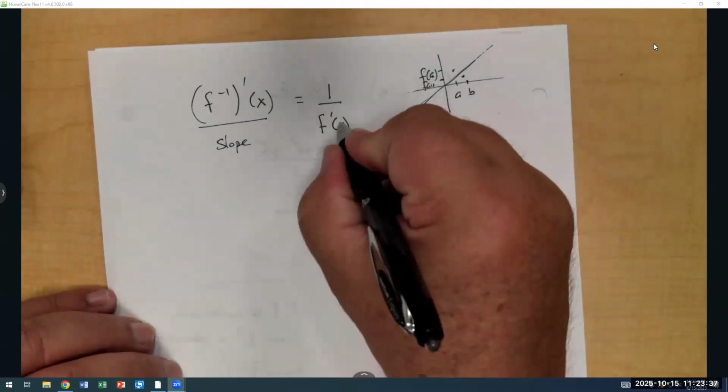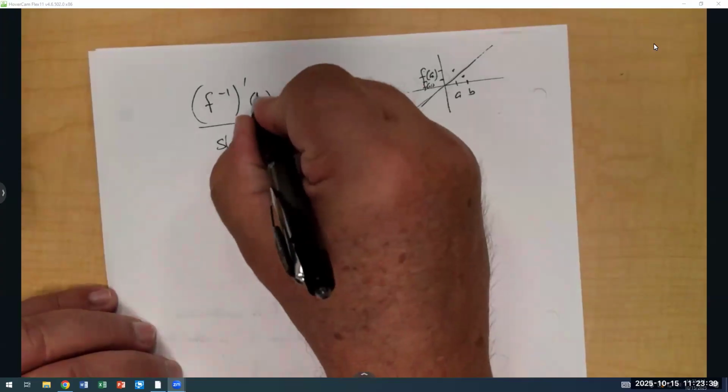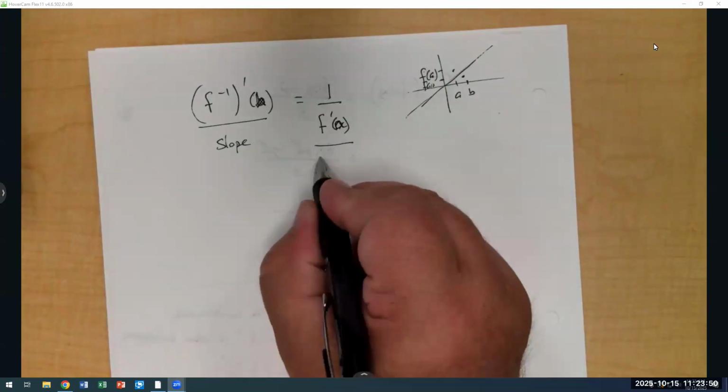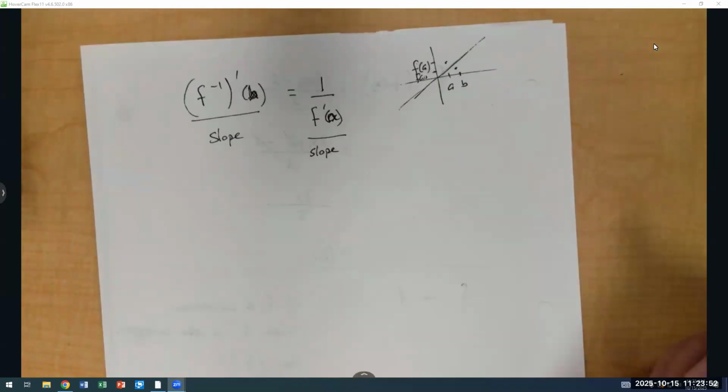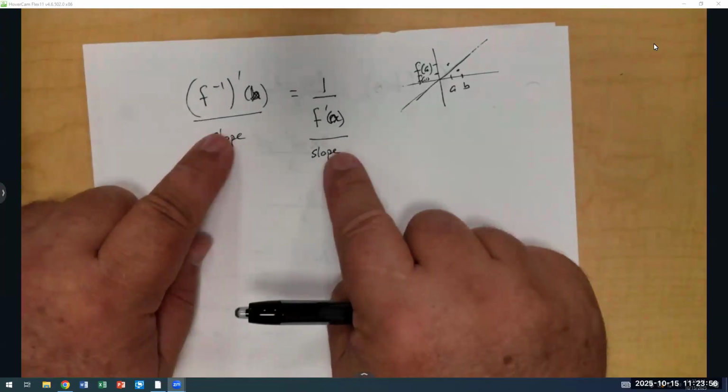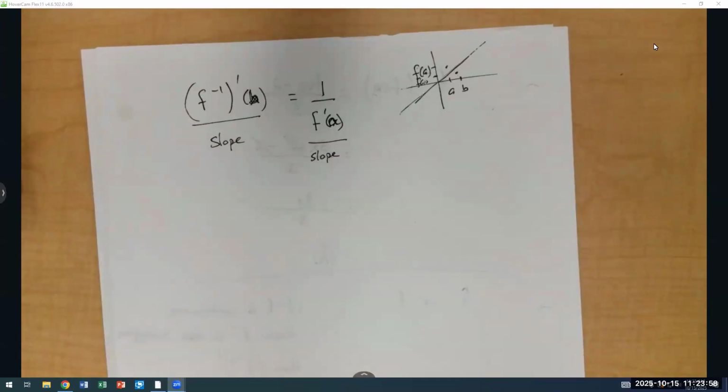Let's call this one A, and let's call this one B. This is also the slope. Is this a true statement? We just talked about it. Yes.